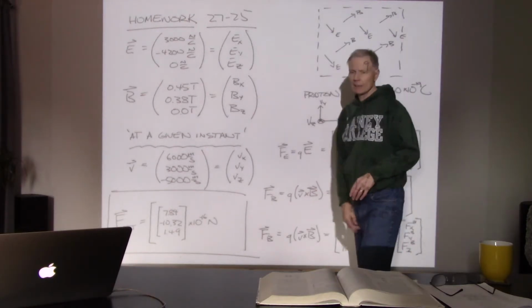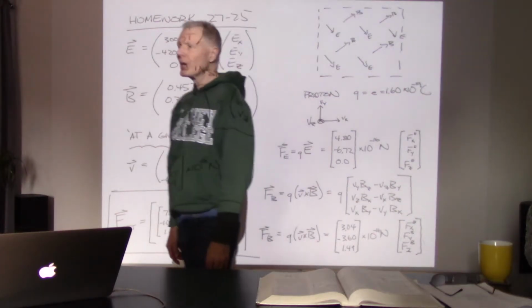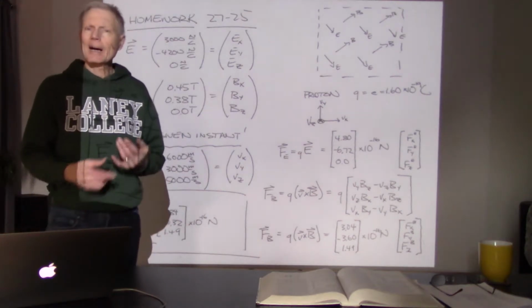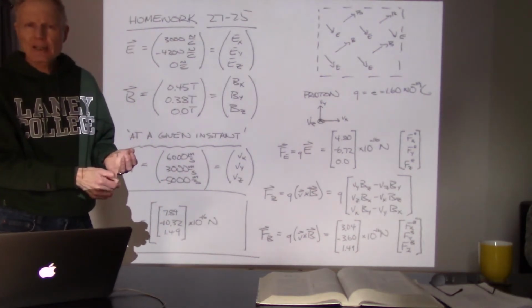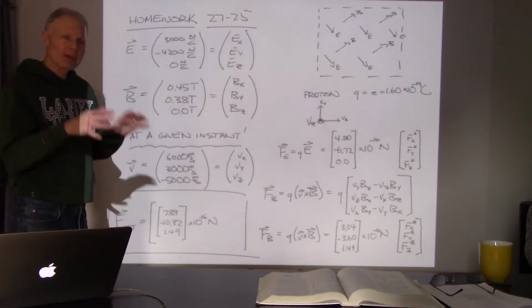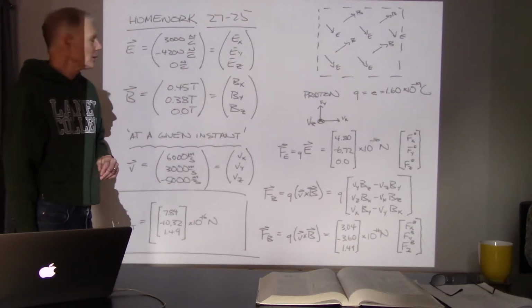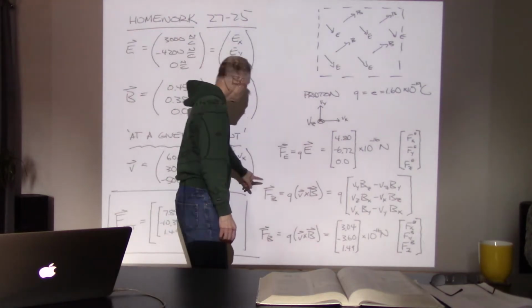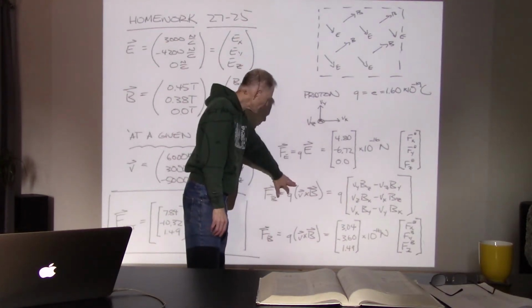But then there's the magnetic force, right? With the magnetic force, I got to do a cross product of velocity and the magnetic field. And at this point, I think I'm losing track of what direction this would be. In any case, here is the cross product formula.